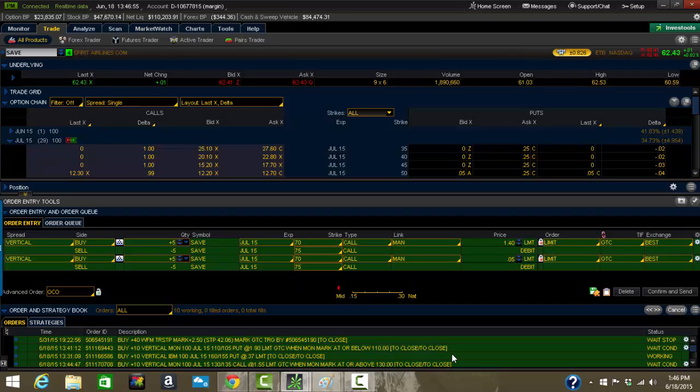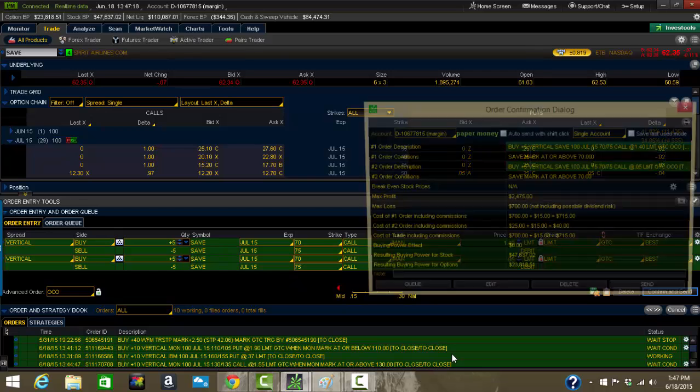By having an OCO bracket, what this is essentially doing is telling them, if the call goes in the money, get me out. Here's my limit offset, contingent at $70. But if it goes down and it's only worth a nickel, take my profit. And if you take my profit, cancel with a one-cancels-other order the other one. It's an automated way to do it.